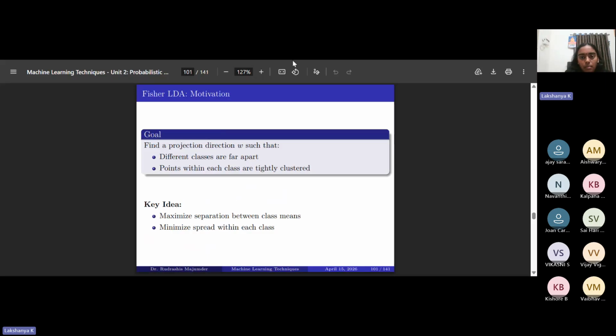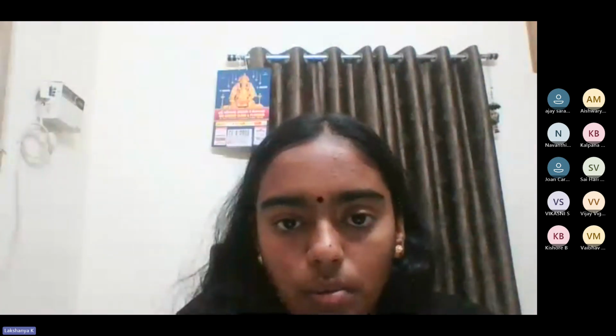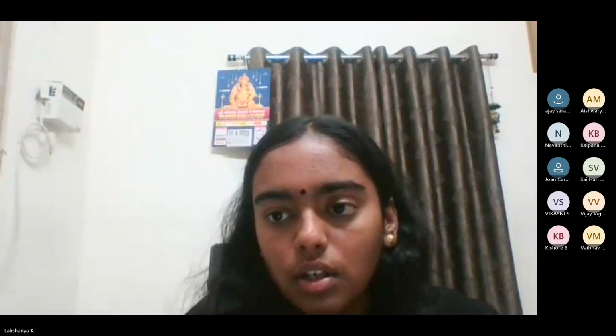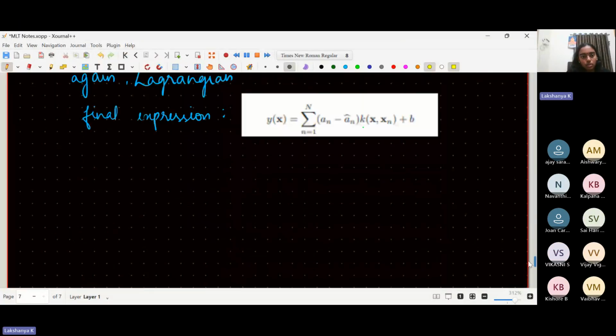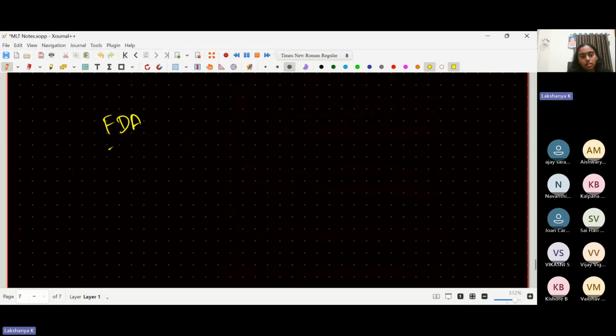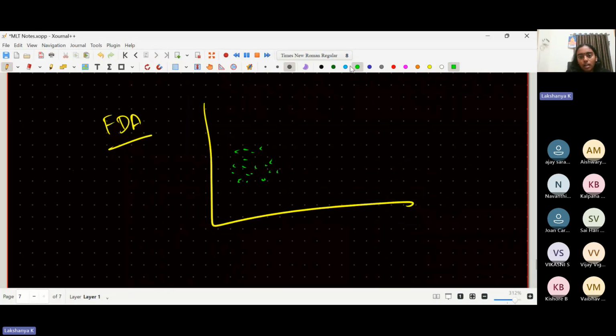Maybe I will take a minute to draw and show this. Let's go back to this screen. So the idea is Fisher's discriminant analysis. You have this bunch of points over here, and this is your other bunch of points. I want to find a line of separation.